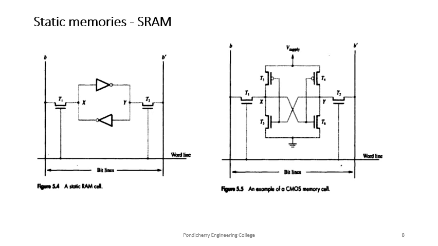The basic static RAM cell is nothing but two inverters cross coupled to form a latch. That's the basic RAM cell. The latch is connected to two bit lines by the transistors T1 and T2.